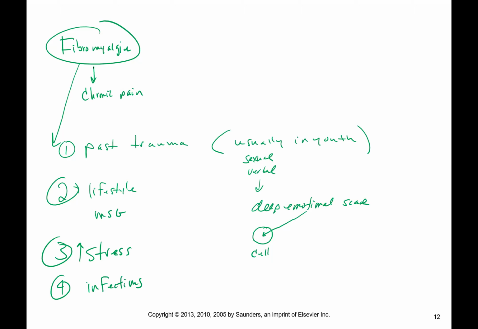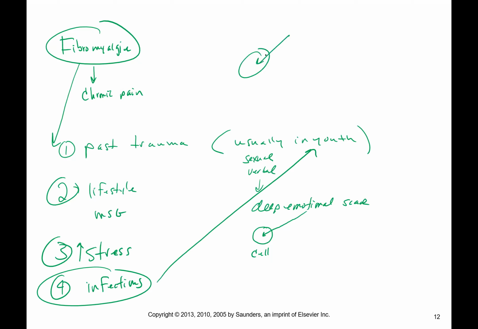If you have fibromyalgia and you get an infection, it makes your situation worse. Infections are also put with another thing that happened in youth. So in other words, fibromyalgia could be set in motion by the abuse in youth and/or infections in youth. Again, rooting deep into the cell.